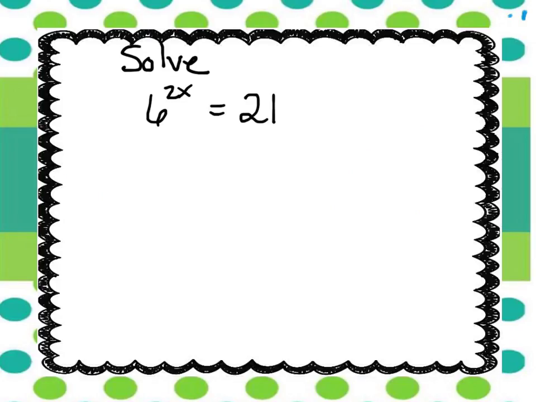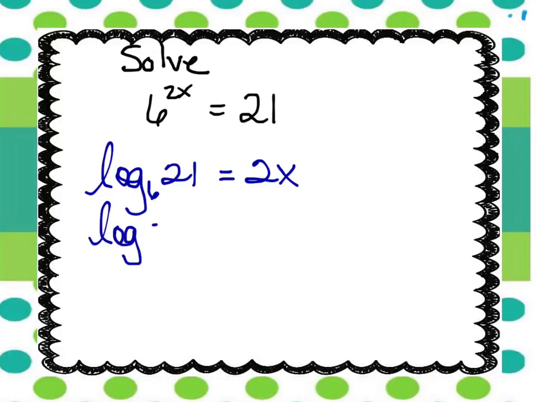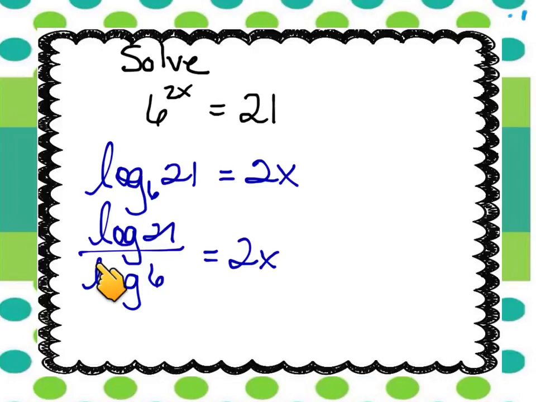Here's another one. Now, instead of taking the log of both sides, we could rewrite this as a logarithm and write it as log base 6 of 21 is equal to 2x, and then we can use our change of base formula, which is log 21 over log 6 is equal to 2x, and get a number out of that, and divide that number by 2.